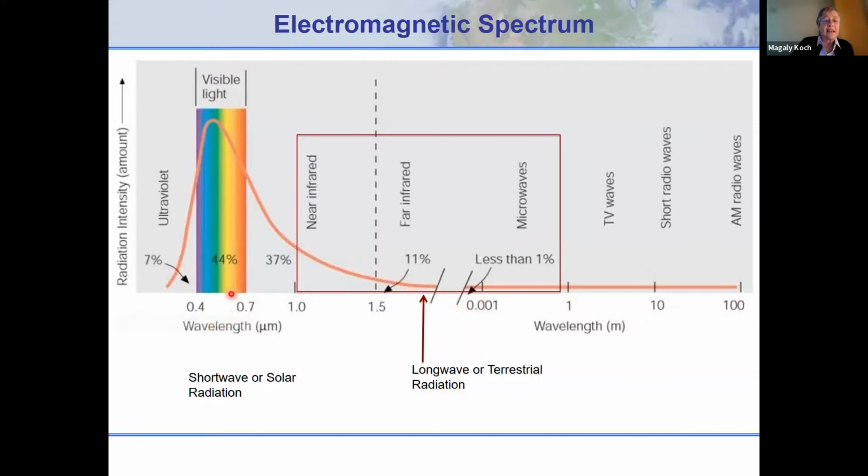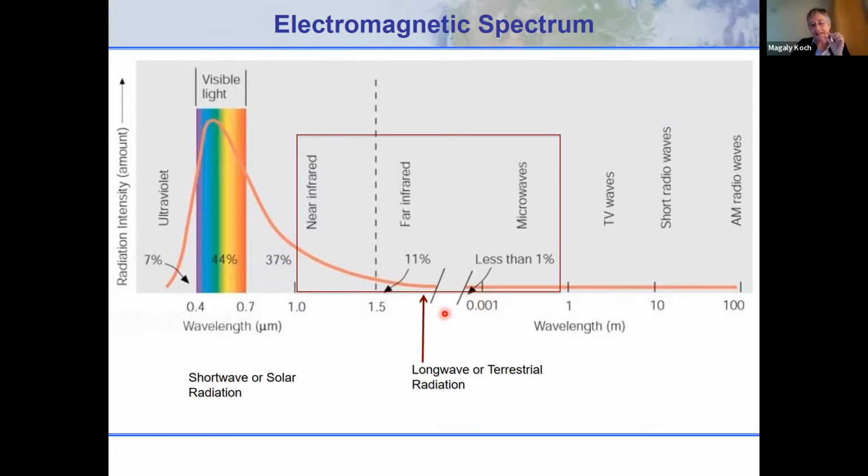We see that the sun has its peak energy intensity in the visible light. That's the part where our human visual system is capable of detecting that type of radiation. But it also radiates other types of wavelengths.